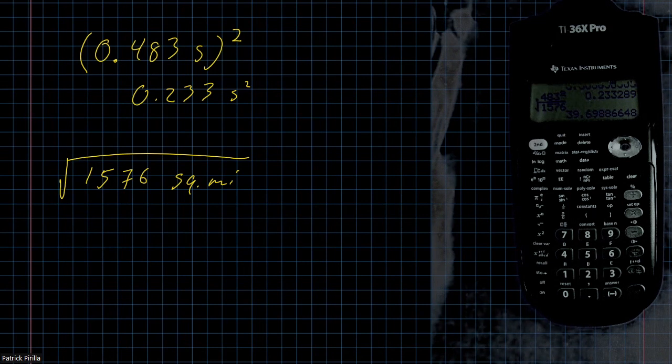That is going to come out at 39.70. Right, 698 rounds up to 70. And the 0 after the decimal point is a significant digit. So we still have 4 significant digits, which is what we were after.